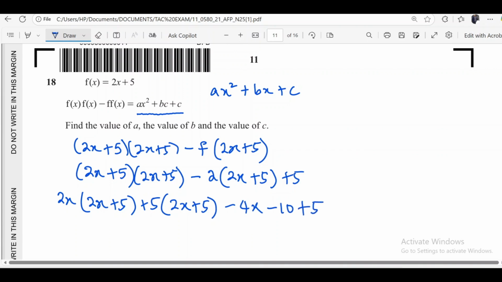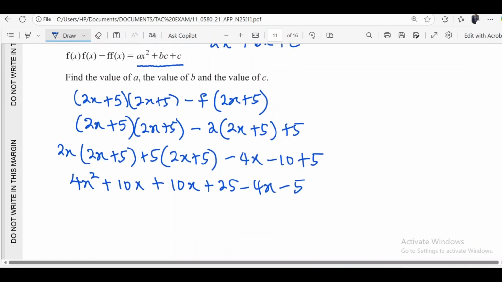So here we get 4x squared plus 10x, and then here is 10x, and then here we have 25 minus 4x minus 10. This is minus 10 plus 5 is minus 5.